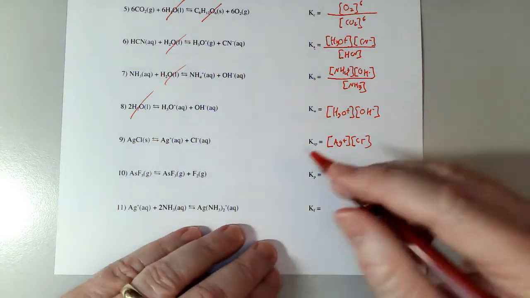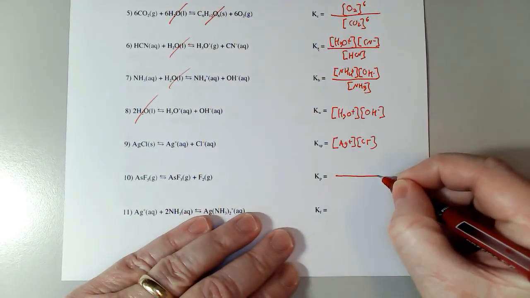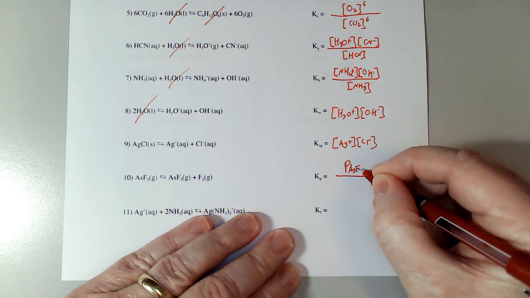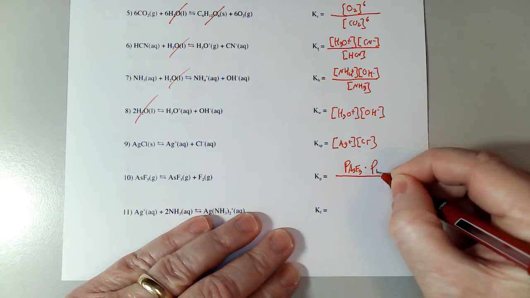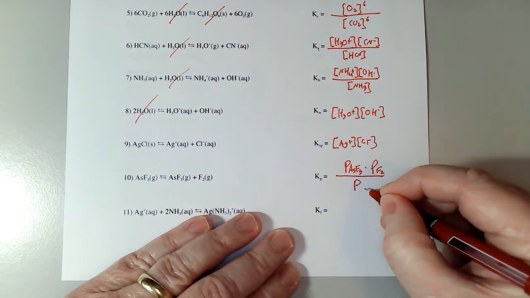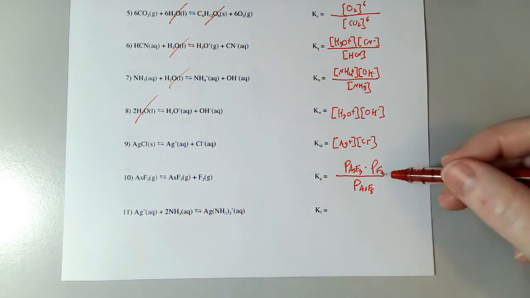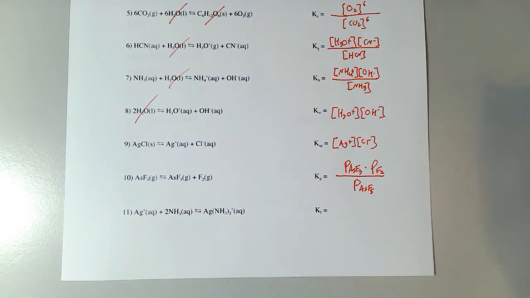Okay? Now, a Kp. That means I put the pressure of AsF3 times the pressure of F2 divided by the pressure of AsF5. That's the only one that looks a little bit different.